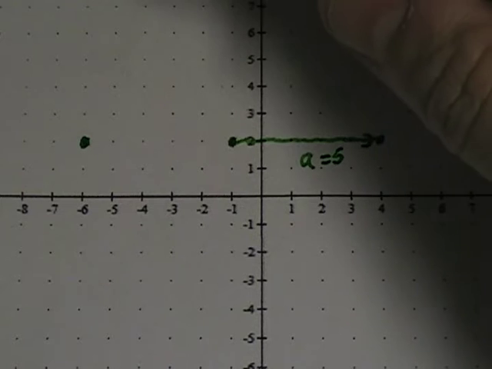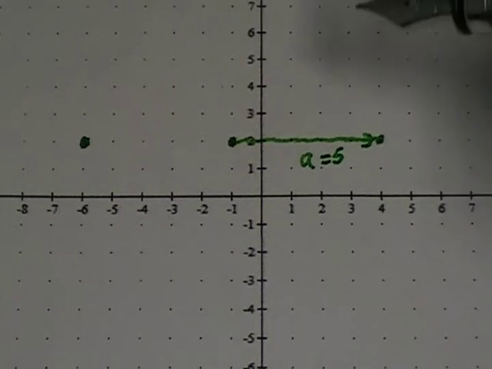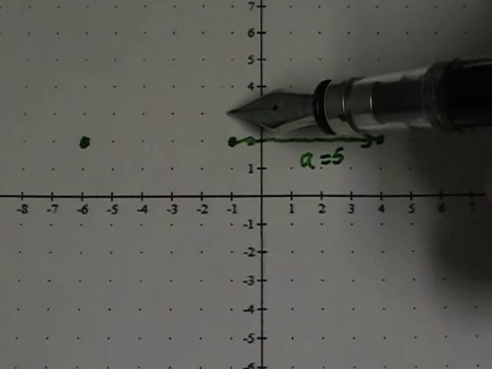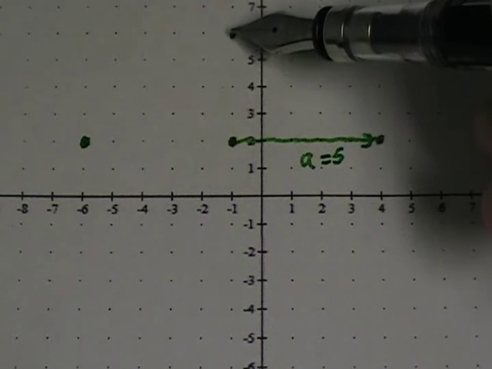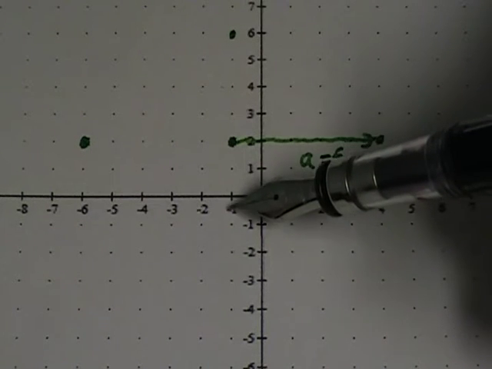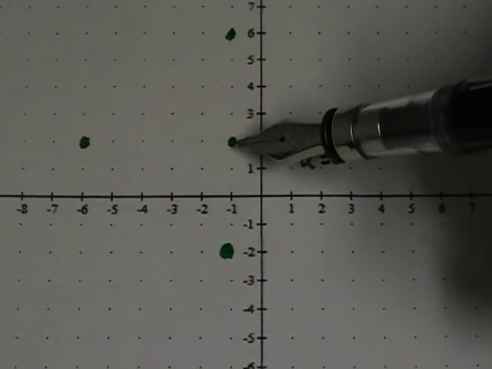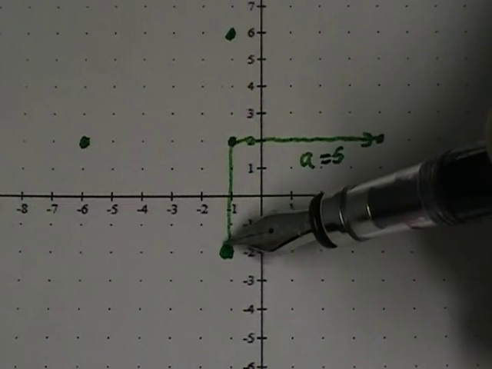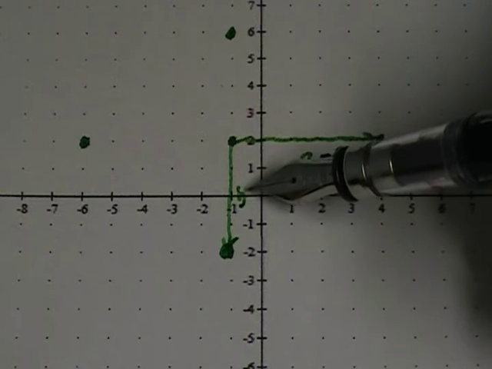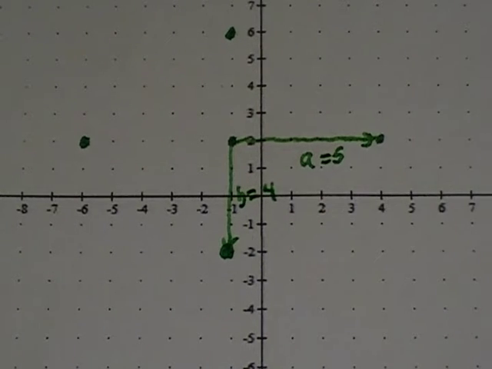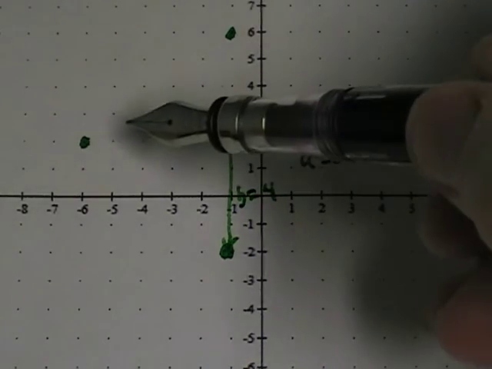And then b squared was 16, so b is 4, so that means you're going to go up 4, 1, 2, 3, 4, and down 4, 1, 2, 3, 4. I can mark either way I want to, but I'll go down and say b equals 4. Then what? Well, it's a game of connect the dots.